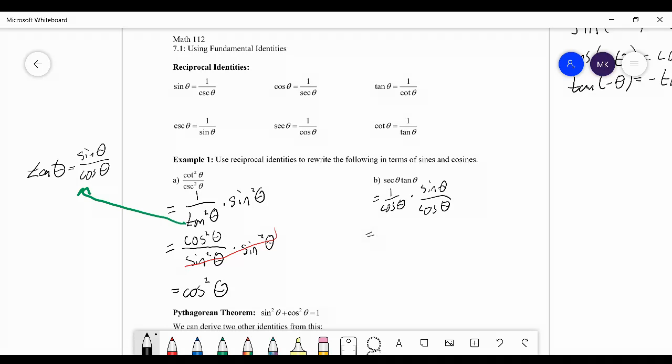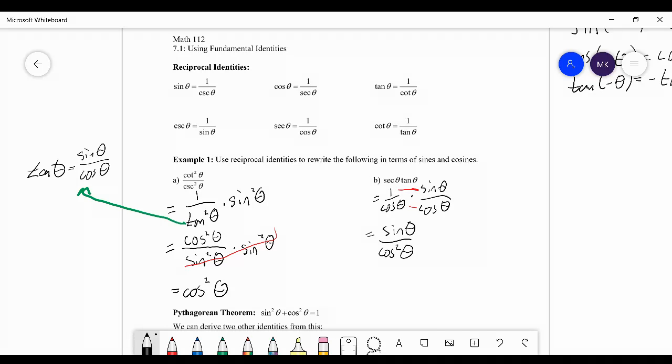Now this is a fraction, so we're in terms of sine and cosine, but I don't want to just stop there. We know that, yes, that's in terms of sine and cosine, but we need to simplify things because simple is always better. So since these are fractions, we just multiply straight across. So we multiply 1 times sine and cosine times cosine, giving us sine theta over cosine squared theta.